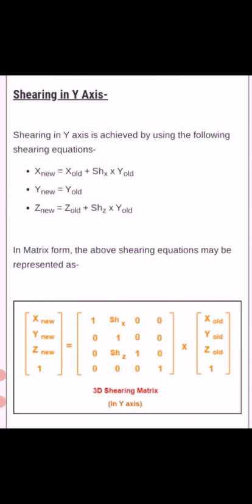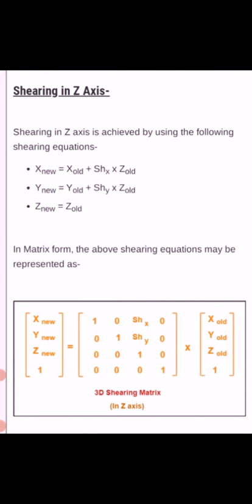And we can also get z new using the equation z new equals z old plus shz into y old. Here shz is the shearing parameter towards z. Then we can represent it in matrix form as in the picture.